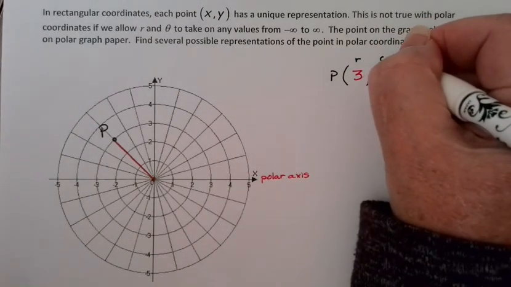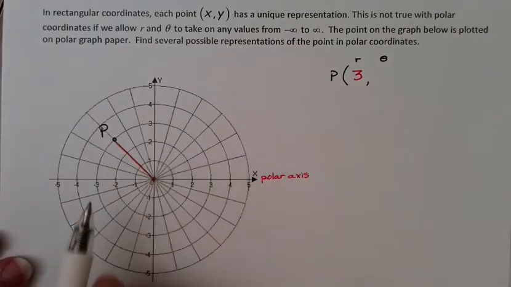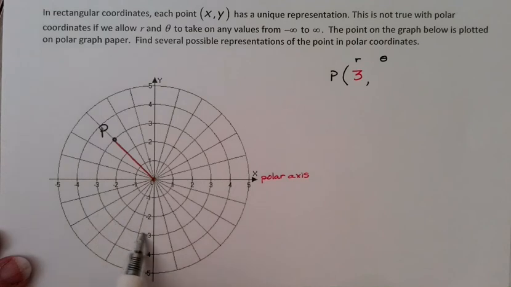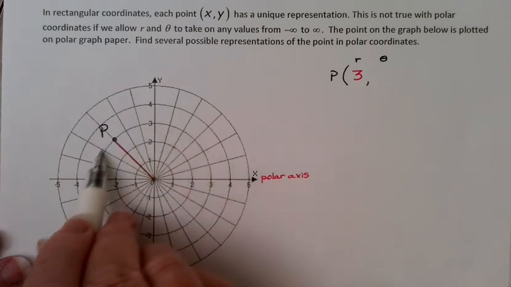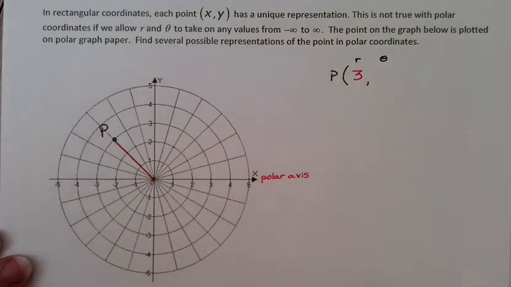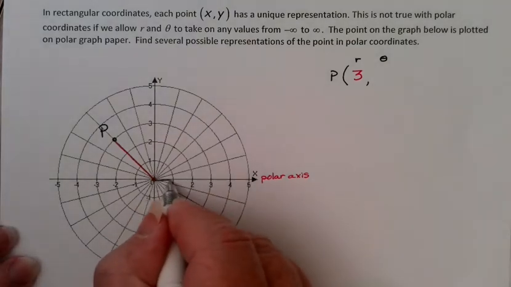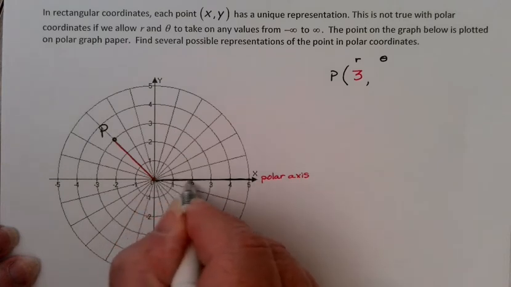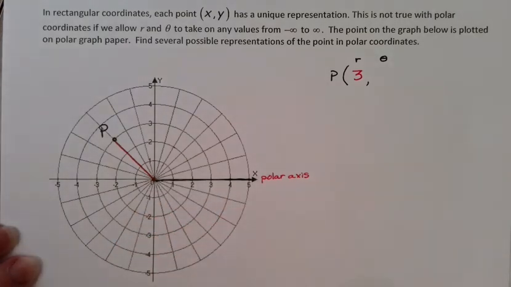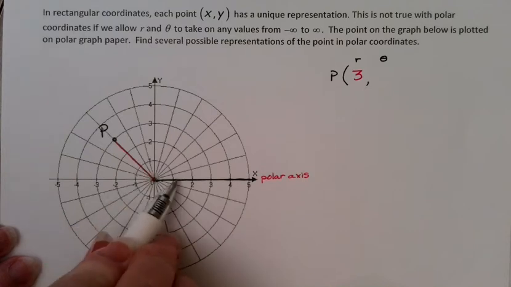I now need to give a theta value, right? Just saying r equals 3 isn't enough because there's infinitely many points with r equal 3. All of these points around here all have r equal to 3. So the next thing I'm going to give is a theta value. I need to know what is the angle from this polar axis here, measuring positive as counterclockwise. So I'm really looking to give this angle right here.